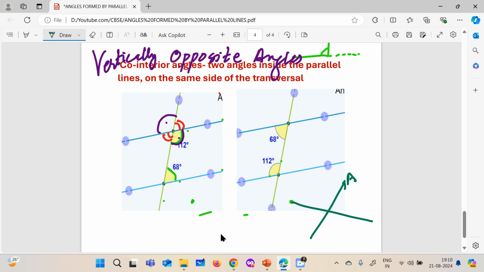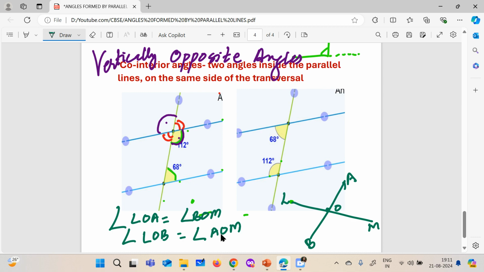Let me mark this as AB and this one as LM intersecting at O. When we speak about vertically opposite angles, this kind of X shape is formed, and I can say that angle LOA is equal to angle BOM, and angle LOB is equal to angle AOM.